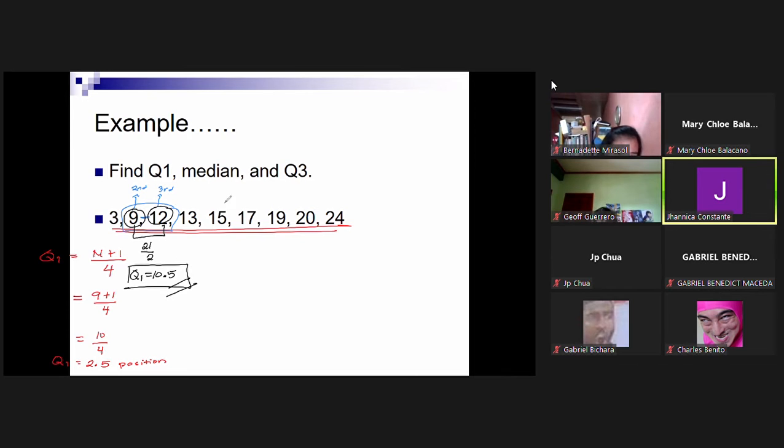Okay, so let's solve for the quartile 2 or the median. Quartile 2 or the median, that means you're just going to identify the middle. But if you're going to use the formula that we have in solving for quartile 2, which is n plus 1 times 1/2 or divided by 2.